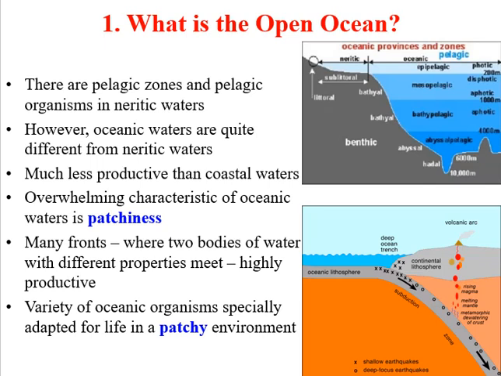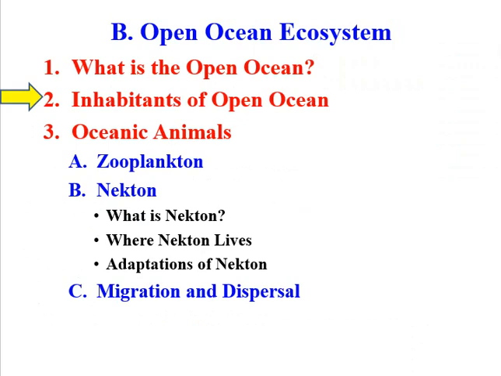If there's one word you would associate with the open ocean, oceanic ecosystems, it would be patchy. It's certainly not a continuous distribution of resources. It's a vast expanse of water, and patchy is how it is.